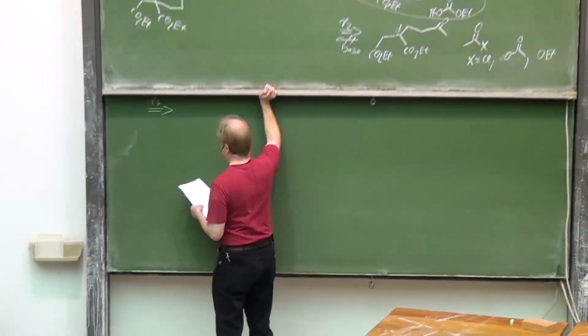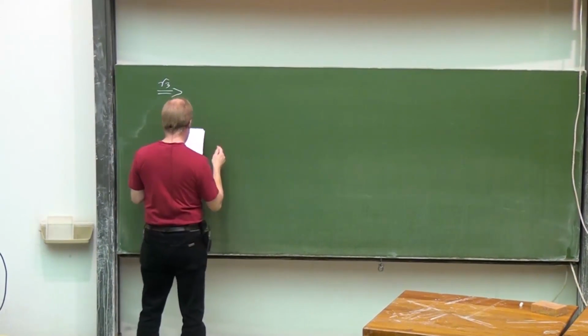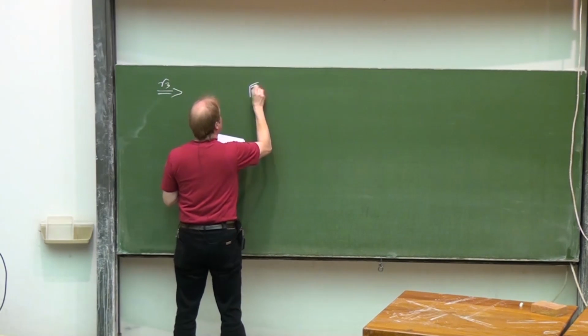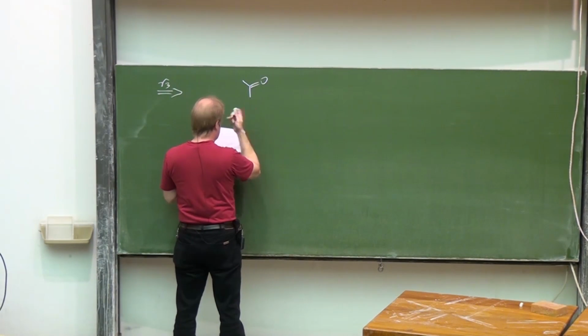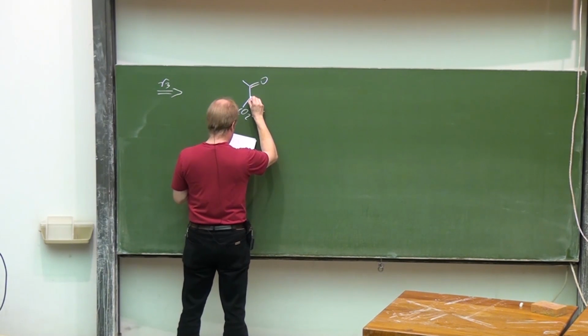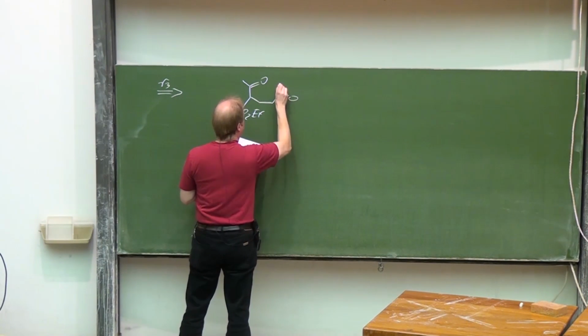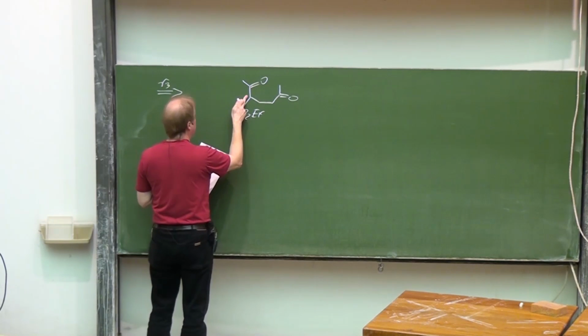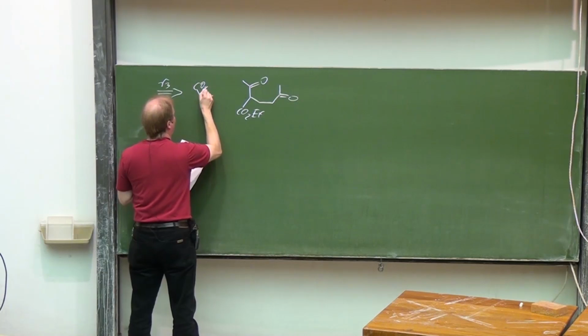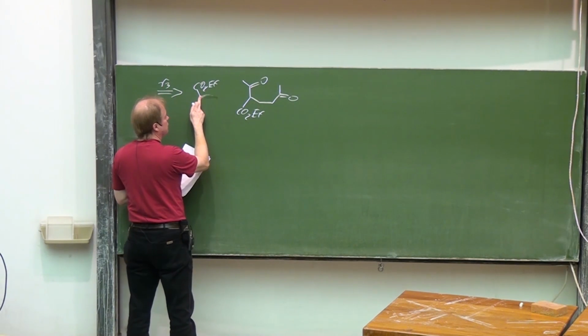And therefore, R2 will lead to these two synthons, donator reactivity here, acceptor reactivity there.